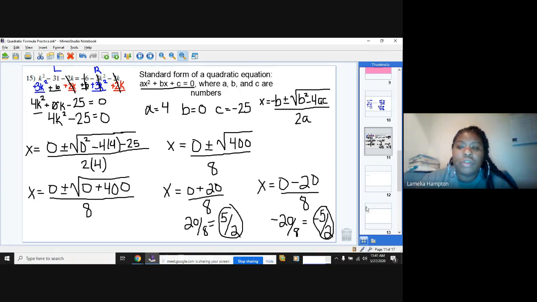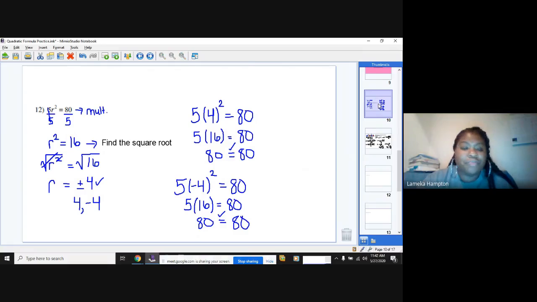Now, again, let me go back to number 12. Okay, so number 12, that was simply a multiplication problem. You have to make sure that you can recognize what kind of problems you're working with, because that's going to determine how you solve them.